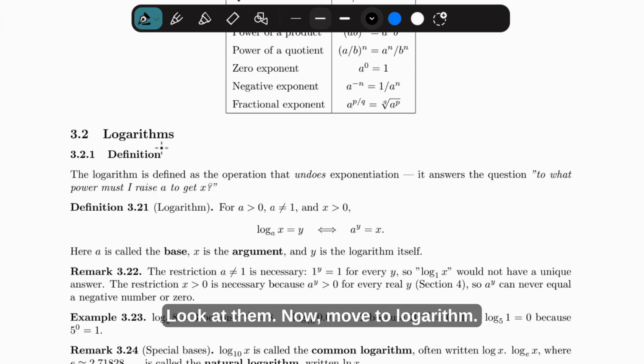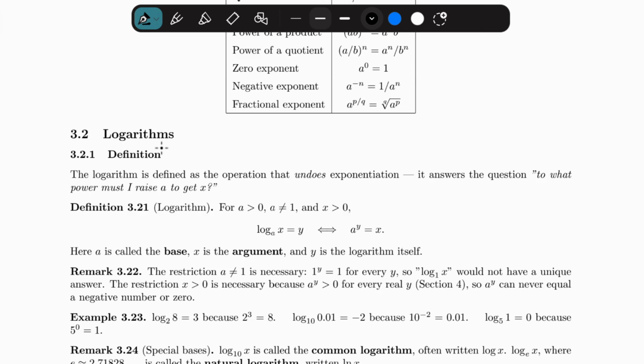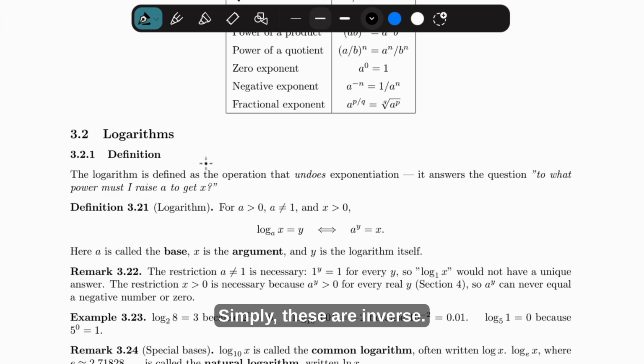Logarithm. Now let's move to logarithm. The logarithm is defined as the operation that undoes exponentiation. It answers the question: to what power must I raise a to get x? Simply, these are inverses, equivalent to each other.